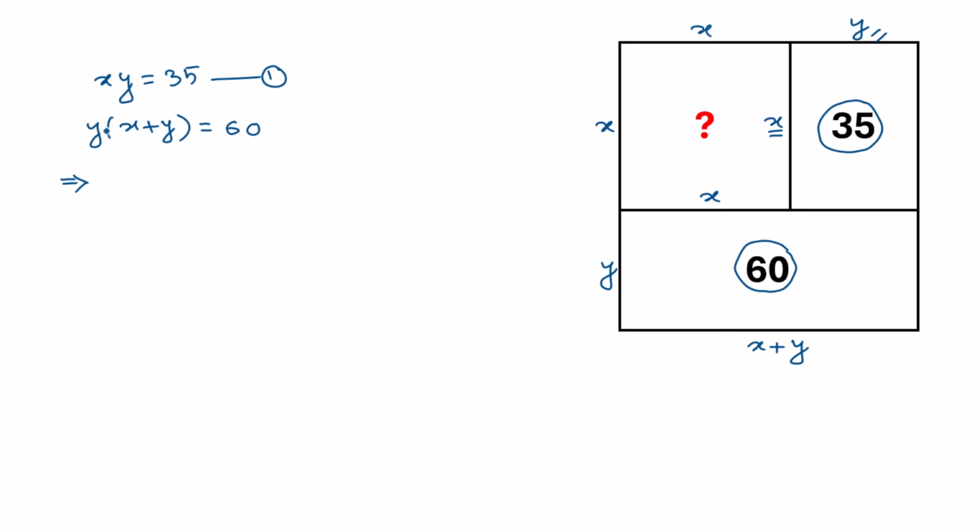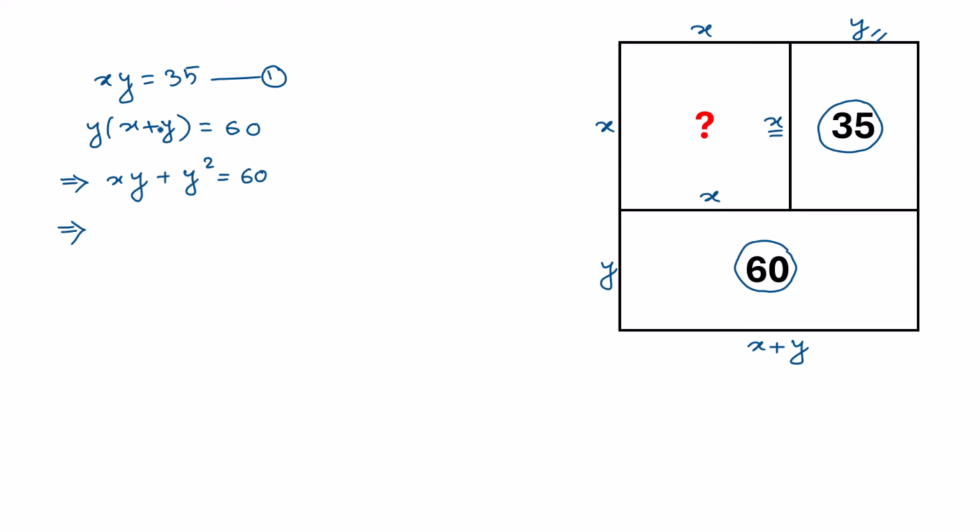Or multiplying this y and this x plus y, we can write y times x, so it will be xy plus y times y, y square, is equal to the right side, 60.